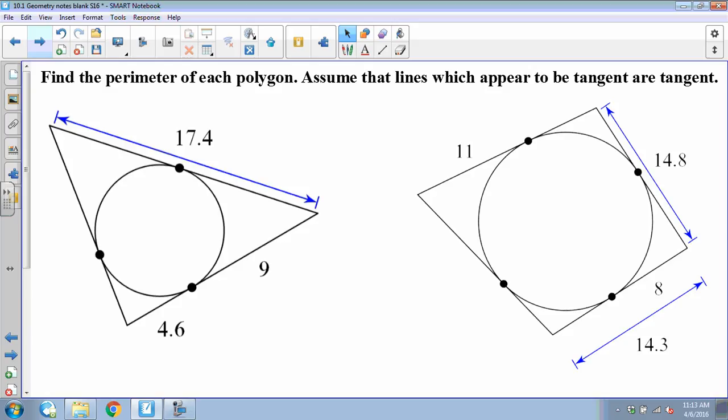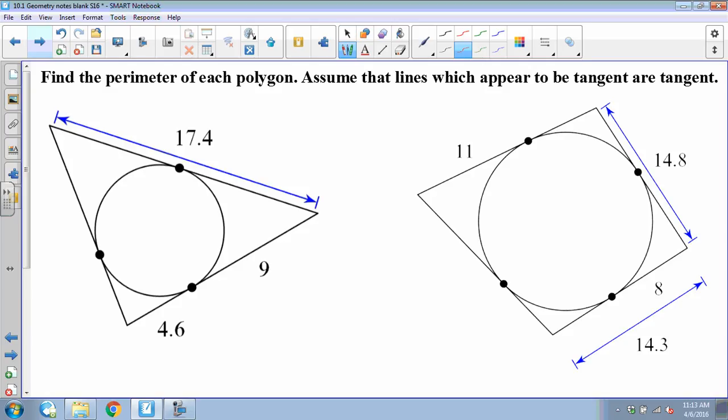Do you see any radii in here? No. So we can't see the right angle, so we're not using Pythagorean theorem to find any of these. They gave us everything we need to find the lengths of all sides. Remember our theorem that says if two intersecting segments are tangent to the same circle, then they're congruent, correct?